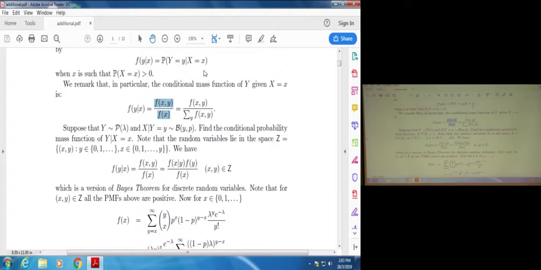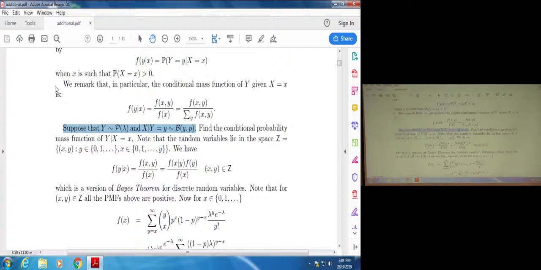Let's have a look at an example. This notation is probably not very familiar to you because it's different to what you've seen before. A random variable y is defined as being Poisson distributed, and x given y is binomially distributed. This was a little bit in your last semester, so if you look at the 2018 semester 1 exam, you will see something about this.